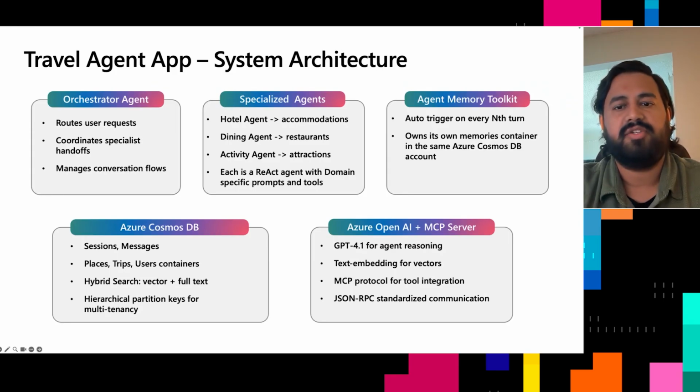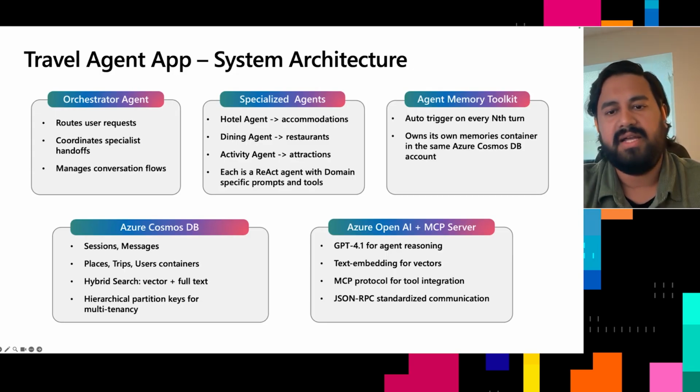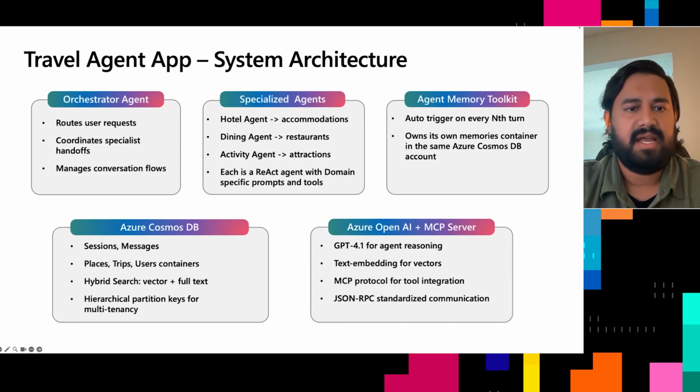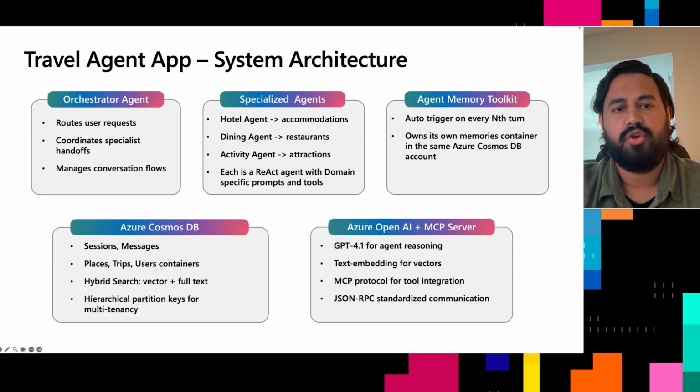After that, there are specialized agents: hotel, dining, and activity. Each one owns a single domain, so it has its own system prompt and pulls from a focused set of tools. In our multi-agent application, none of these agents are talking directly to the database.